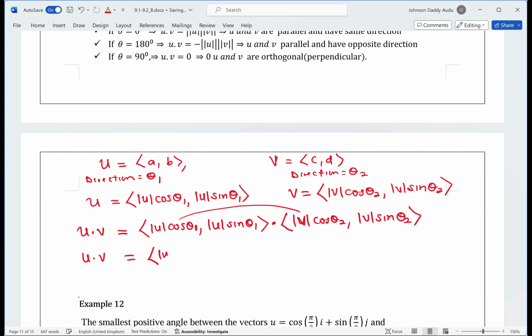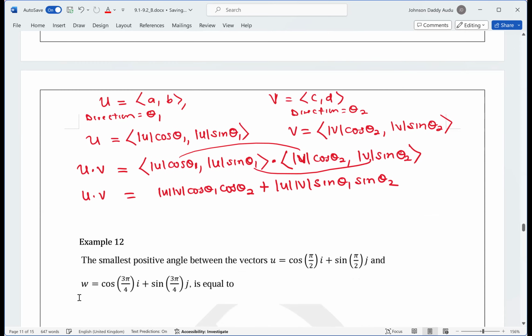So you will have magnitude of u, magnitude of v, cosine theta 1, cosine theta 2. Remember, it's no longer going to be a vector, right? Then you have plus magnitude of u, magnitude of v, sine theta 1, sine theta 2. Because this is what dot product does. Dot product will multiply this and this, and also the vertical component.